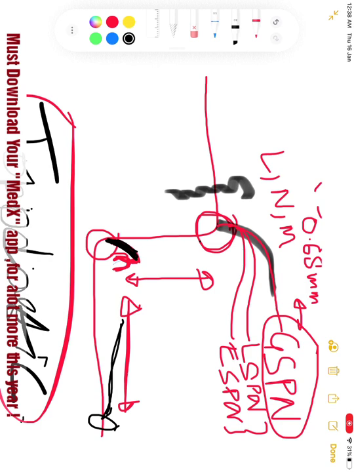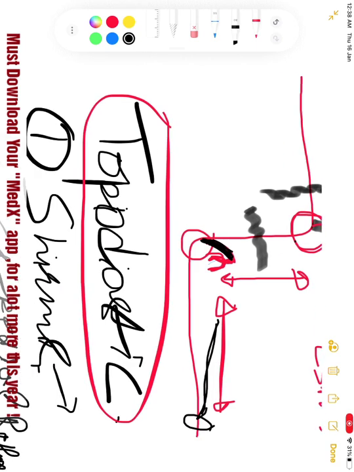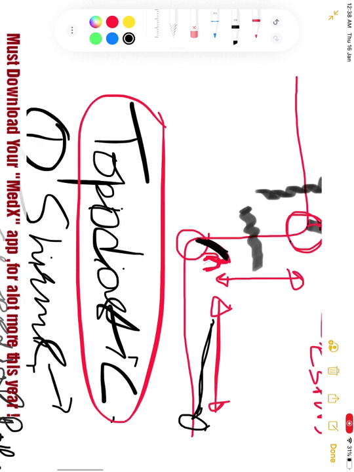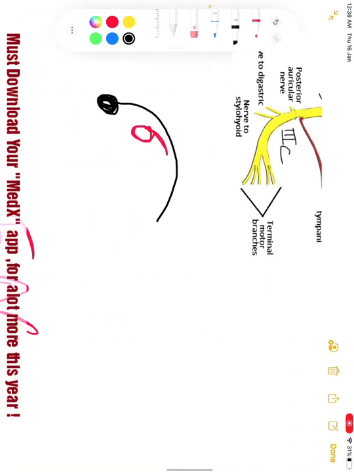A patient having stapedial reflex absent, that means the lesion is between the first genu and the second genu, that is before the pyramid. And if the patient is not having the taste sensation but the stapedial reflex is present and the lacrimation is normal, that means the patient is having a lesion somewhere here, that is before the stylomastoid foramen. So these topodiagnostic tests are very important to know the level of lesion for the facial nerve.